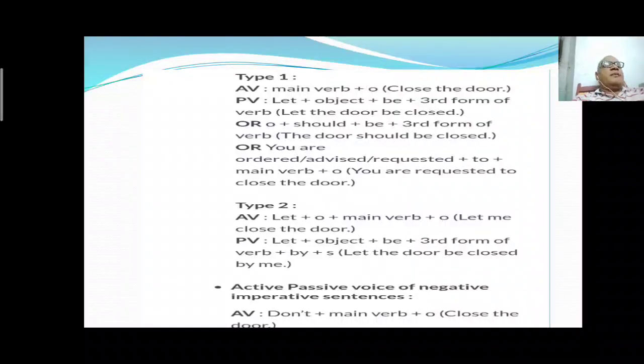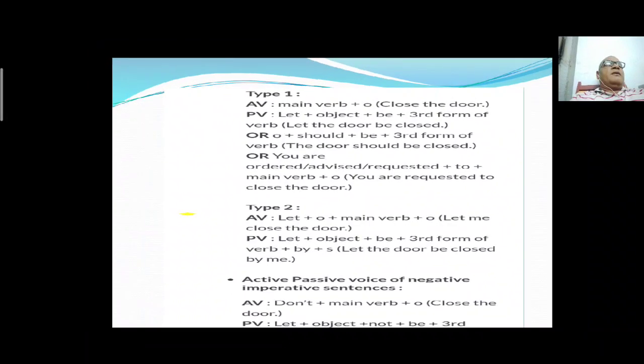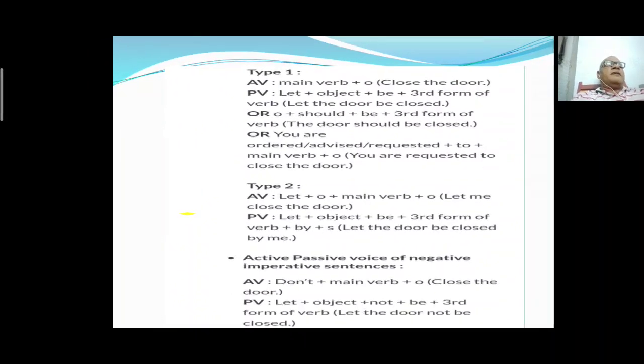This is also one of the patterns. Let the door be closed, or the door should be closed. And any one of the patterns we can choose. If it is an order, or if it is a request, you are requested to close the door.